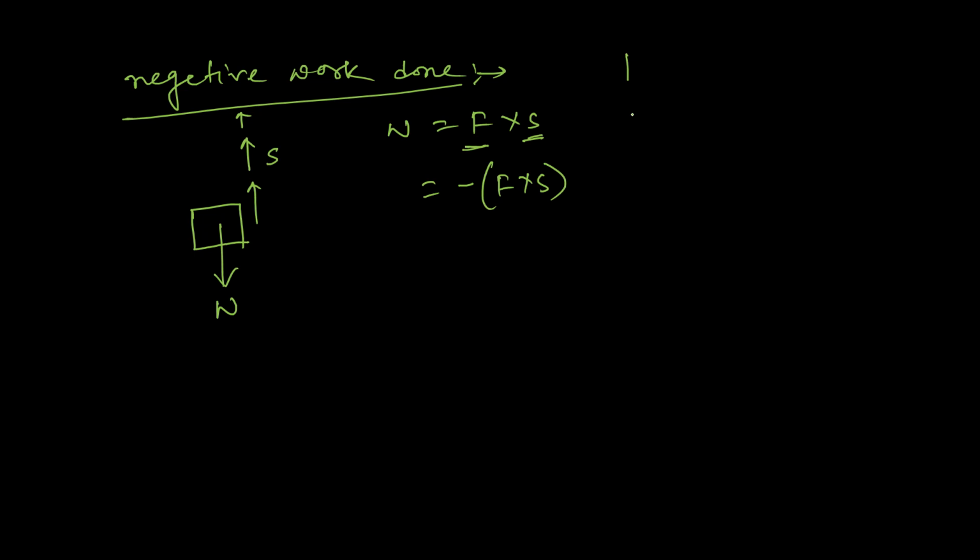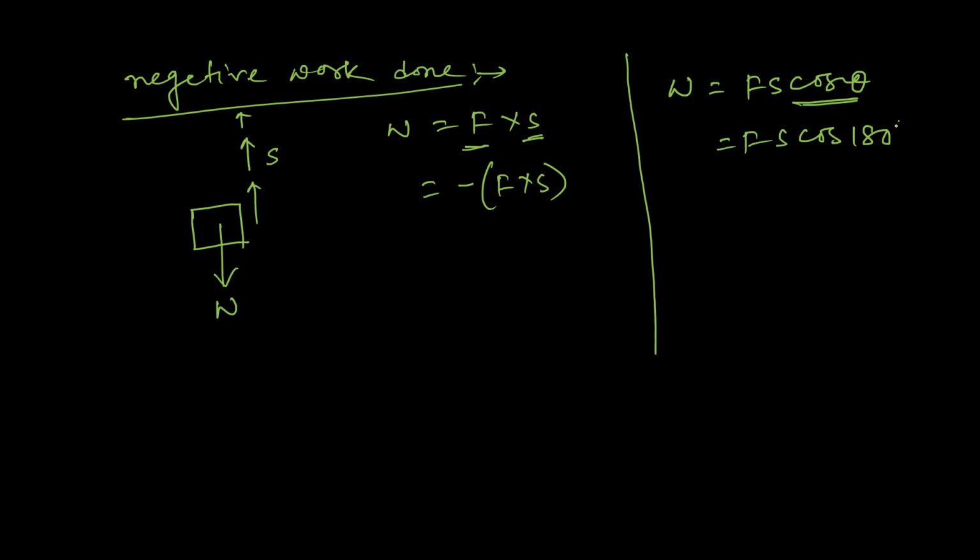Actually, there is a different relation between this work done and the force acting over here. Later you will understand that work done is defined by a formula, that is Fs cos theta. This is a trigonometric term which is introduced over here. When the force and the displacement are directly opposite to each other, that means the angle between them is 180 degrees.